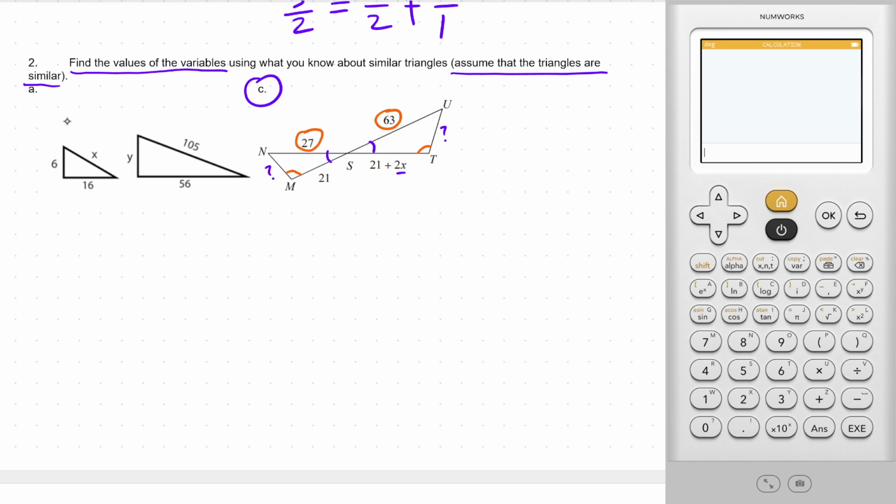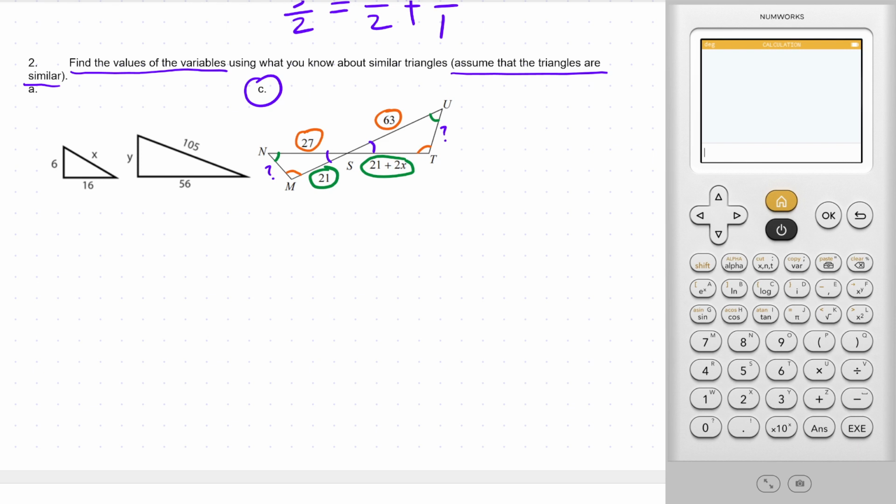And let's go back to my green. We can say that this angle here would be equal to that angle there. Those would be corresponding. And across from those angles are this side and this side. Okay, so now we can see which sides correspond.